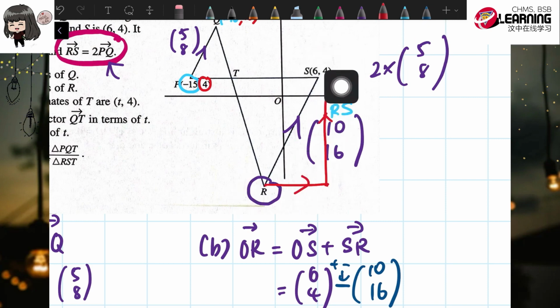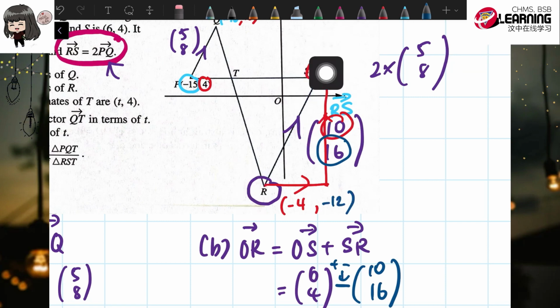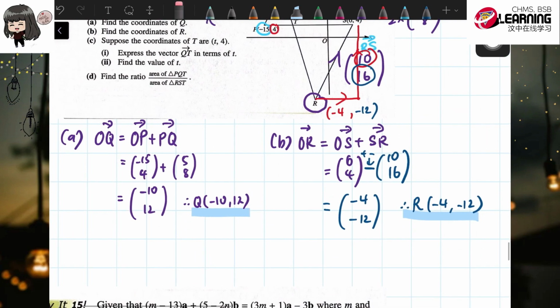So 6 minus the 10, x minus x, you will get -4, and for y, 4 minus 16, so you get -12. You're going back in the direction, so you minus instead of plus. This one you add because you are going in this direction. This one is the opposite direction, so you minus. It depends on which method you want to use.